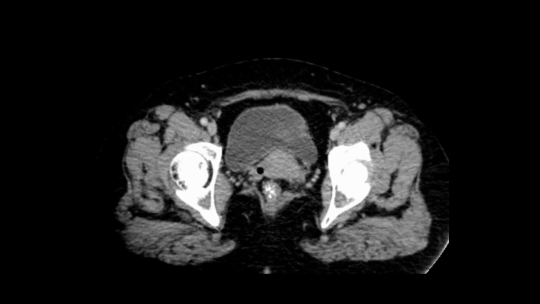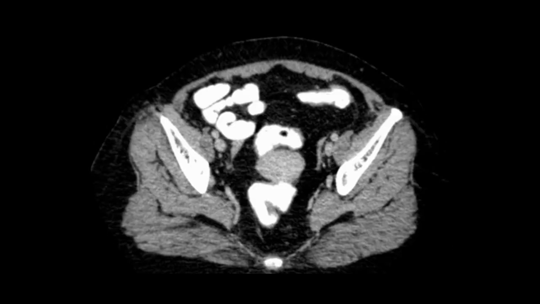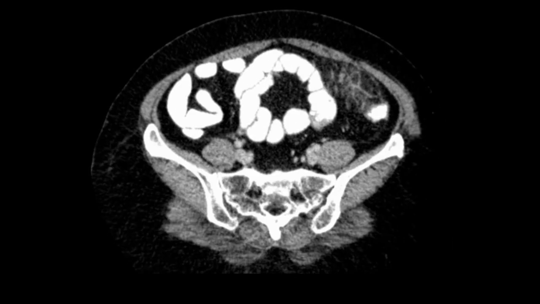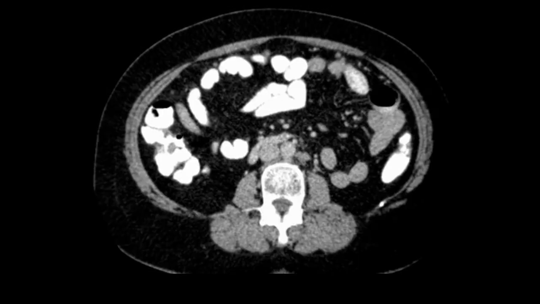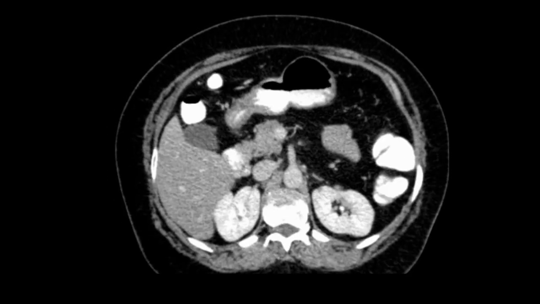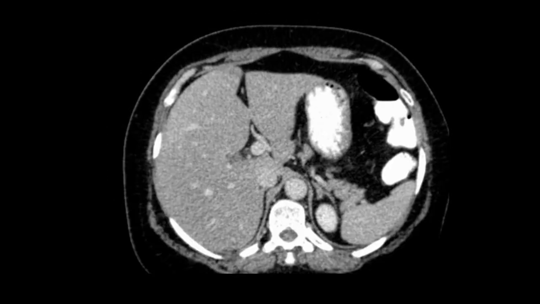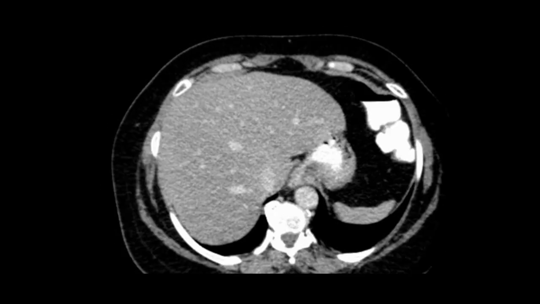So going down, so going up, splenic and the hepatic flexures can be seen in the transverse colon.